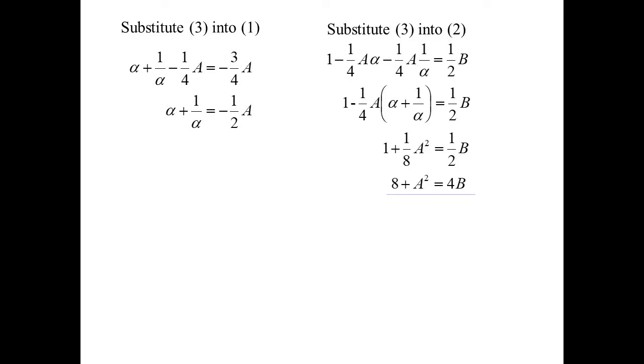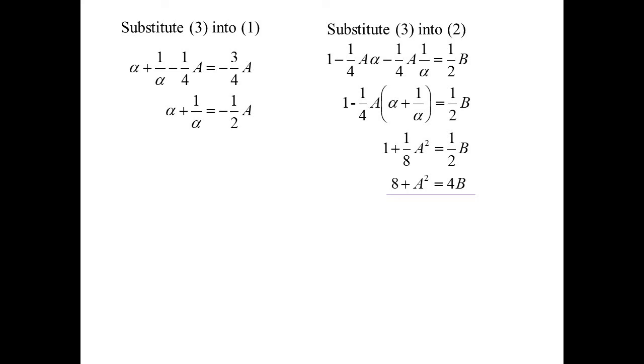Now, can I play around with all this and come up with the expression that we need? If I substitute 3 into 1, I now have that alpha plus 1 on alpha is minus 1/2 a. But let's substitute it into the second expression. When I substitute it in, I get 1 minus 1/4 a alpha, minus 1/4 a 1 on alpha.